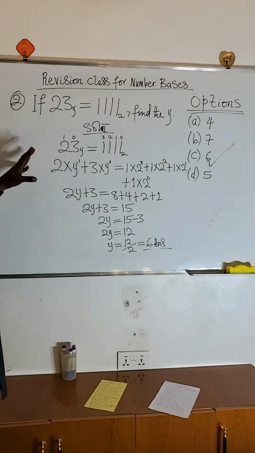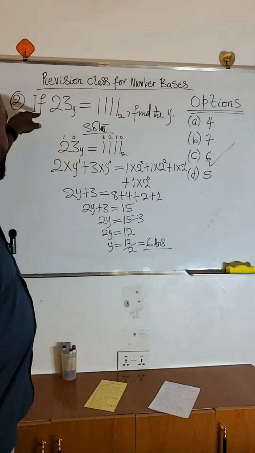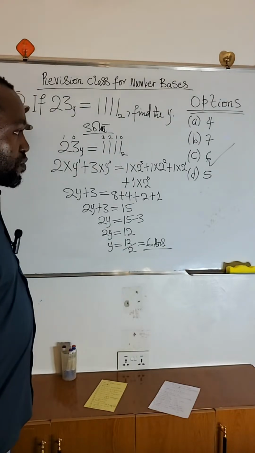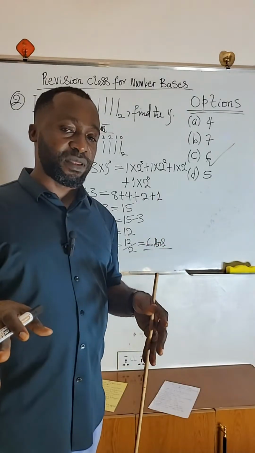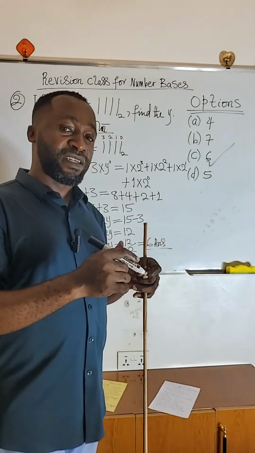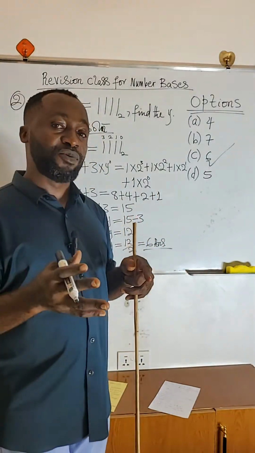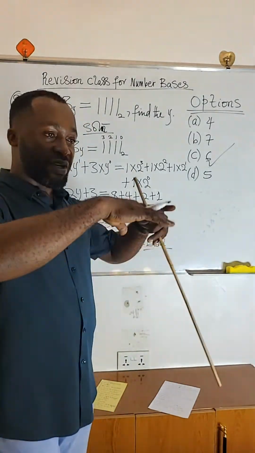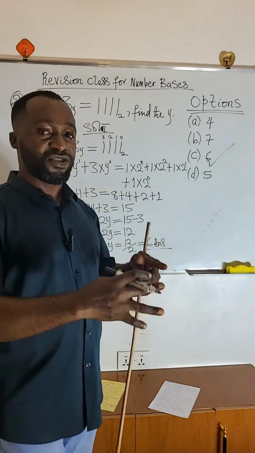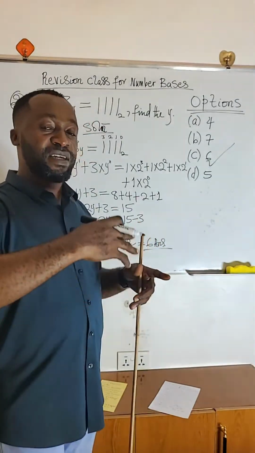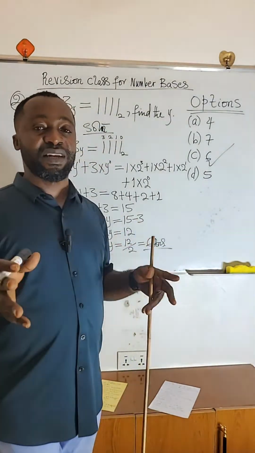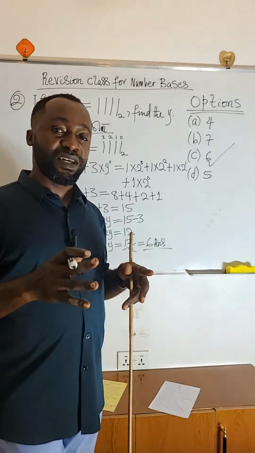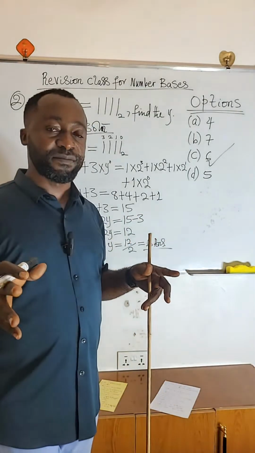So if you go through this question number 2, it falls on the subtopic finding an unknown base, which we have taught before. But since we want to round off this class today, so that by tomorrow we can start a new class, the new class is going to be indices.